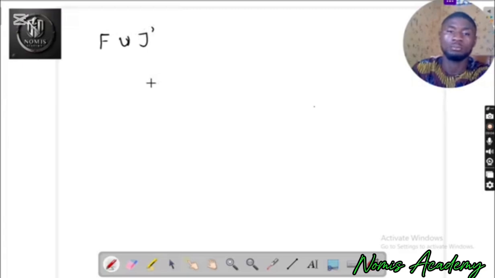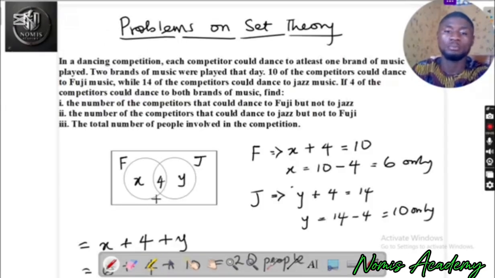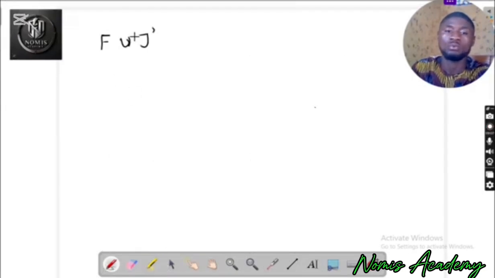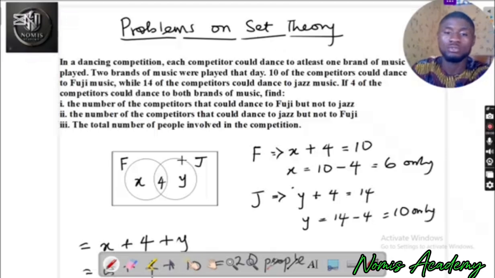Now what do we mean by complements? That means that we are only dealing with f plus other elements that are not in j. Other elements, so j is totally excluded.